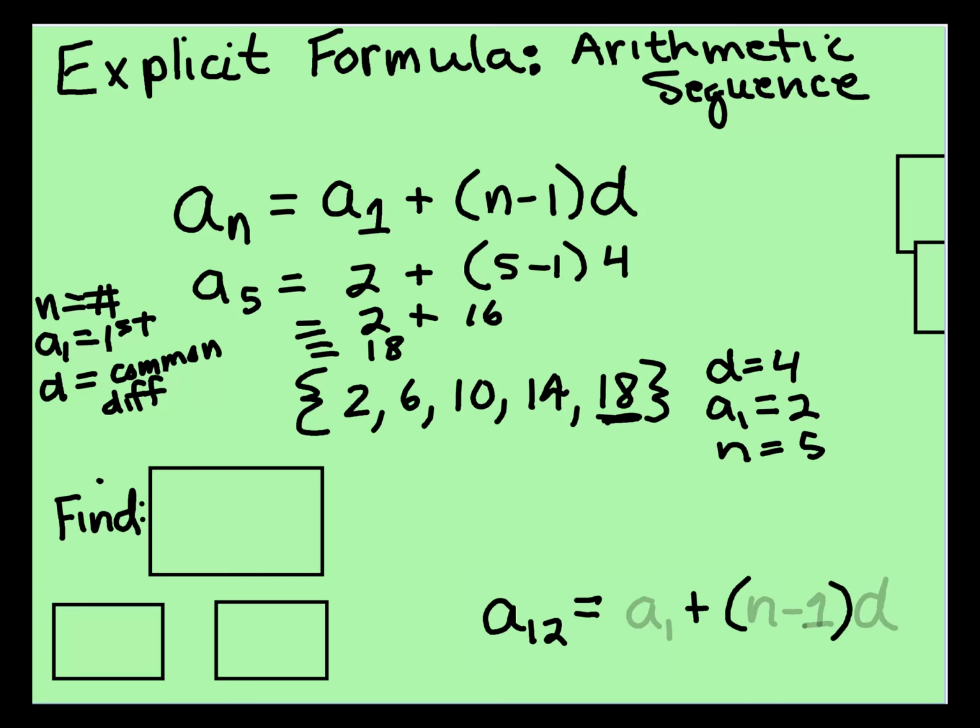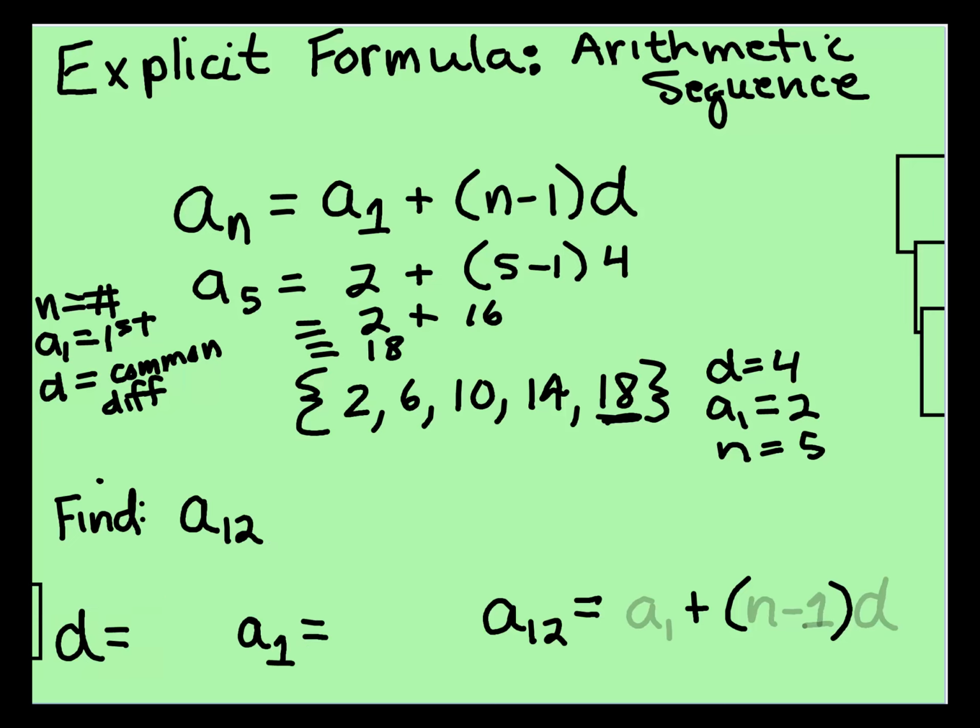Now if we want to find the 12th term, so let's say I told you this keeps going, I'm not showing you what the other terms are, and I'm not counting by 4, this explicit formula makes it really easy. So we're going to find the 12th term. We know that n is equal to 12.